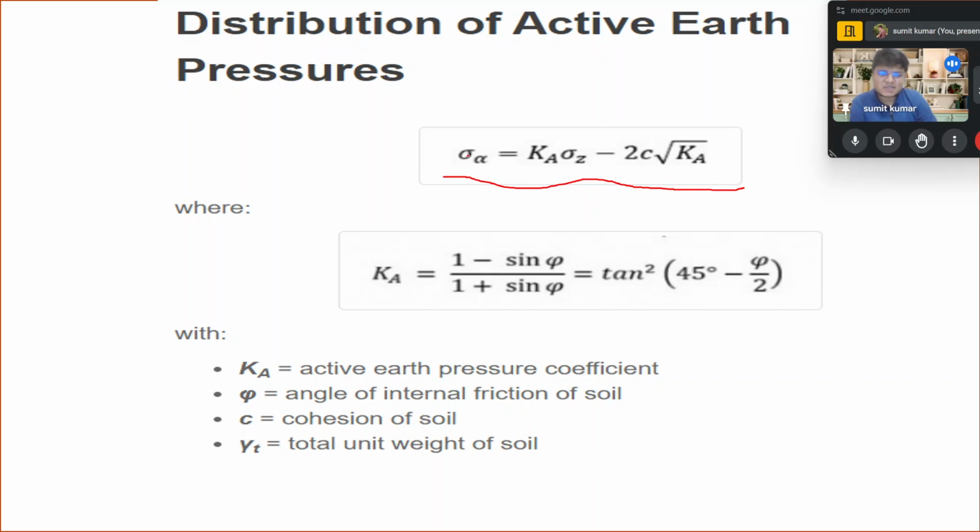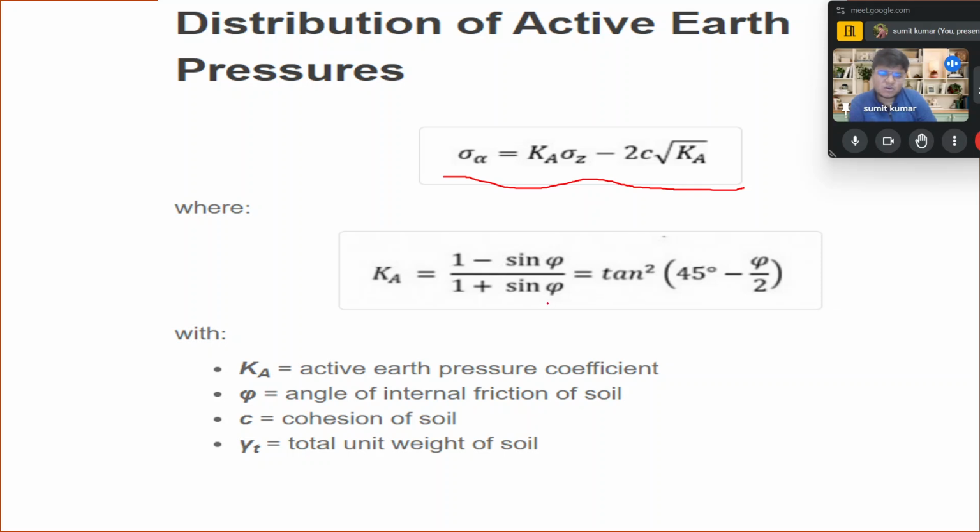So at a specific point, when we are interested in finding the value of the stress, we came across the value of sigma A at a specific point, or alpha, equal to K into sigma z minus 2c root K, where K is (1 minus sin phi) by (1 plus sin phi), or tan square (45 minus phi by 2).